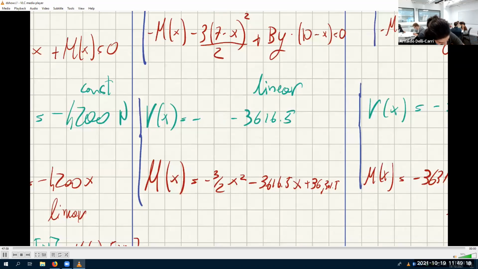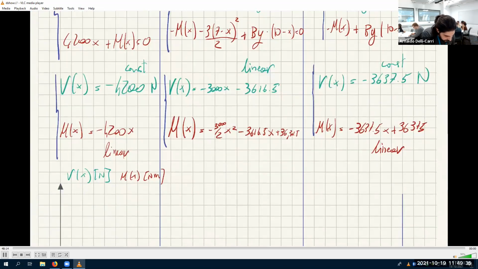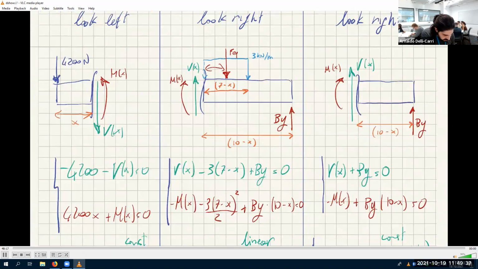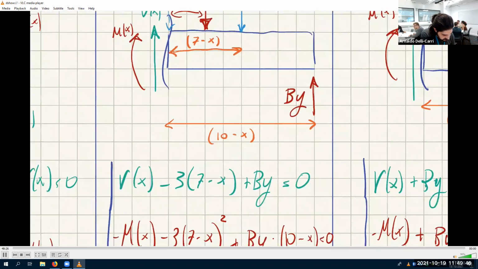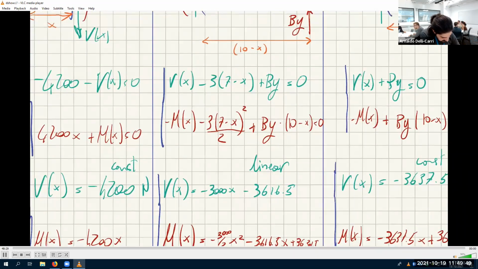These are newtons. Because this one was kilonewton meters, this one really should be 3,000 newtons per meter. And this is 3,000 here and here.